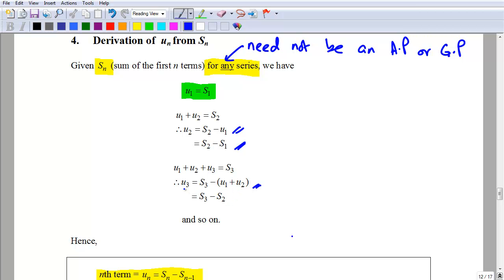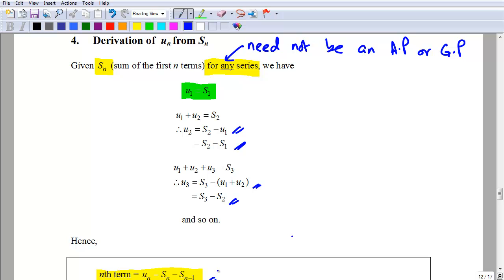So the third term of a series is sum to the third term minus sum to the second term, and so on and so forth. So in general, the nth term is sum to n term minus sum to n minus 1 term.